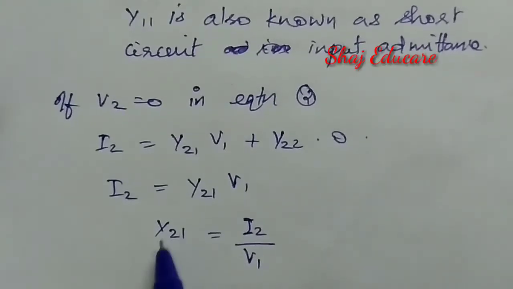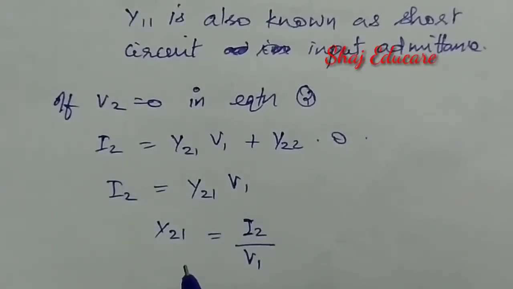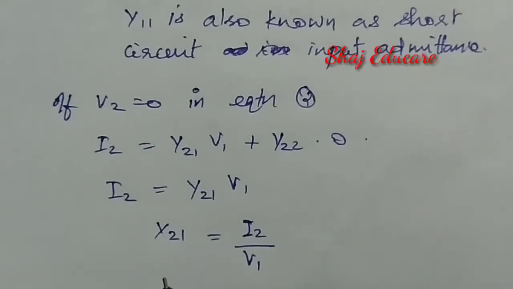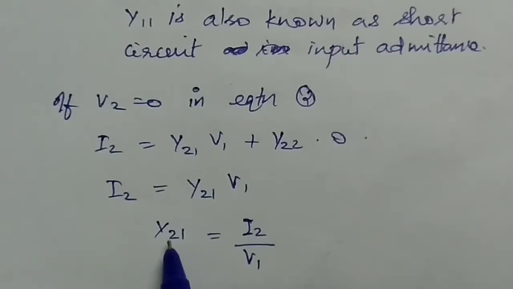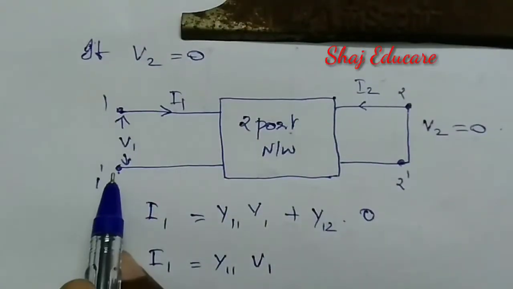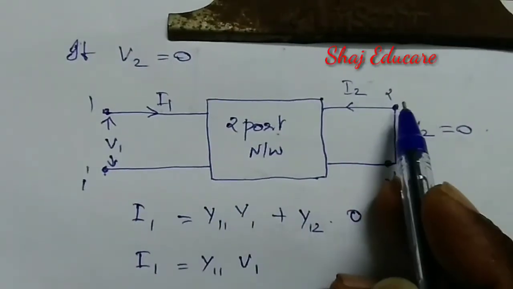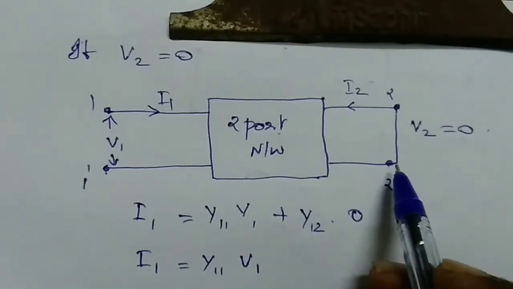So this will be a transfer ratio, as we have discussed under the topic Z parameters. So we can say that y21 is the transfer admittance at port 1 dash with port 2 dash short circuited.